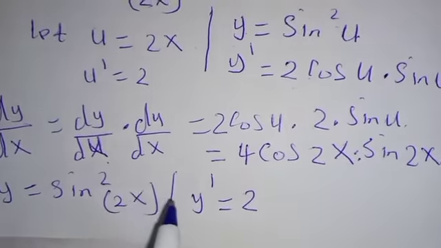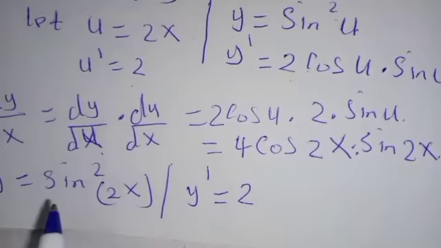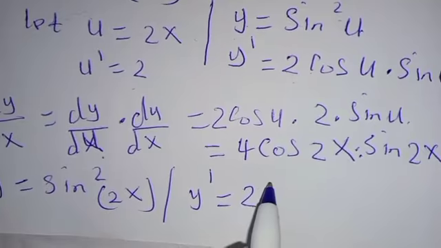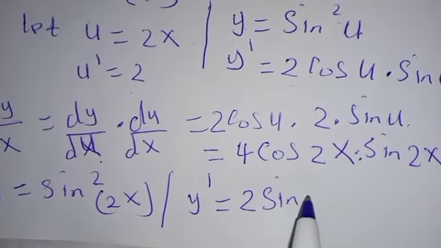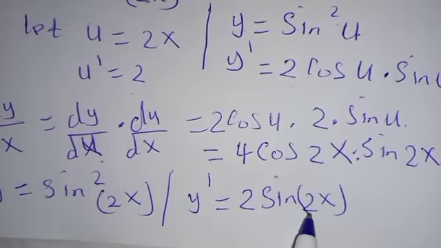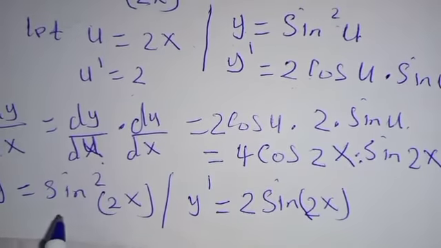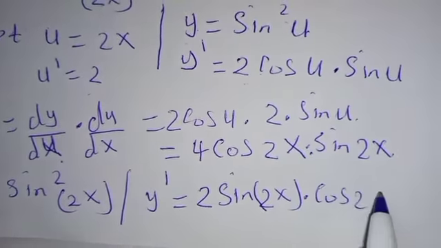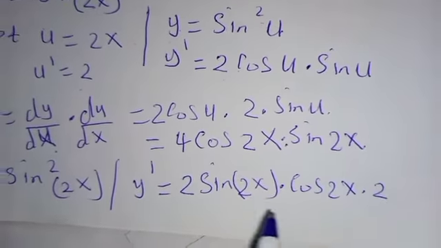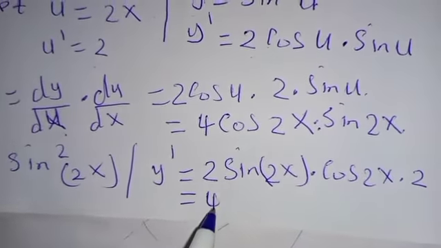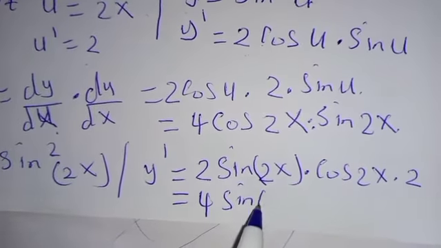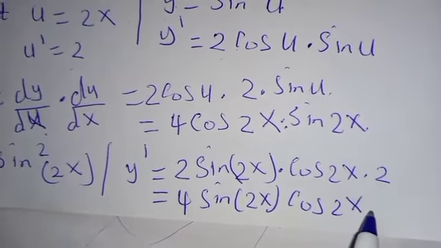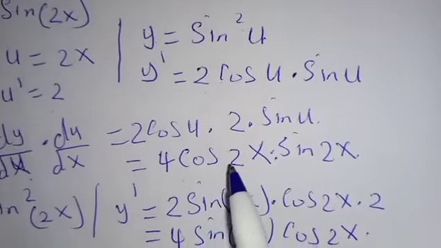This could have been obtained directly by bringing 2 down, then you multiply by sine 2x. You reduce the power by 1, then you differentiate that, times cos of 2x multiplied by 2. The result will give you 4 sine of 2x cos of 2x, which is the same as the value up here.